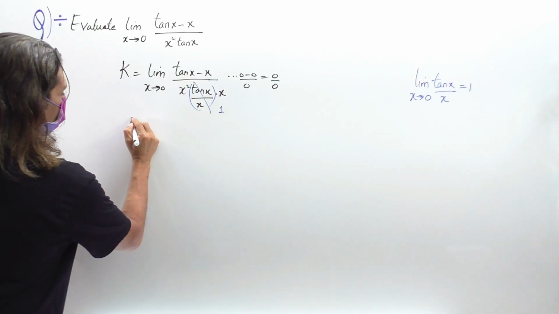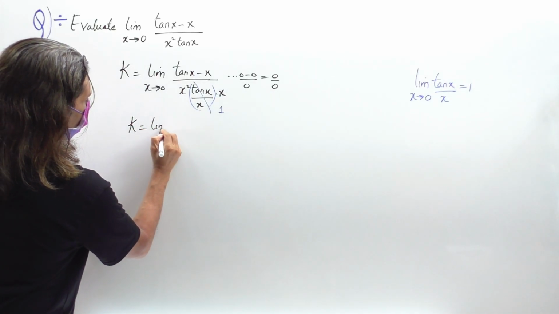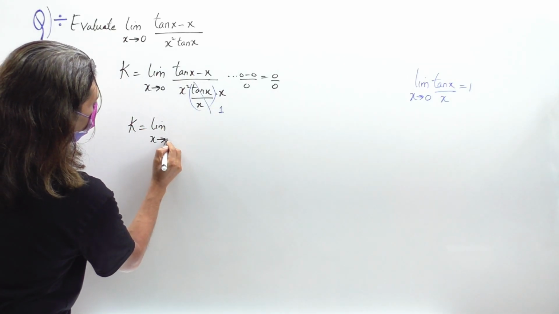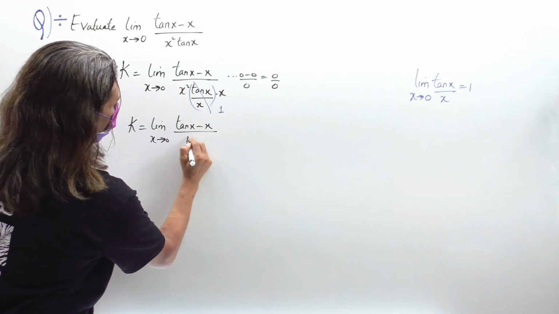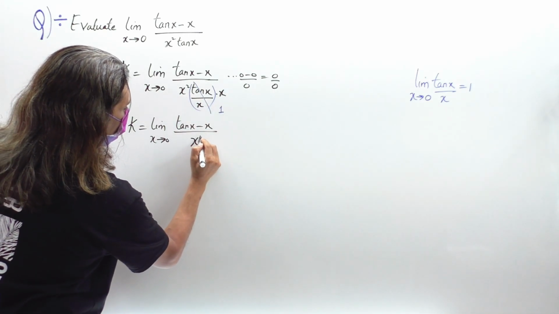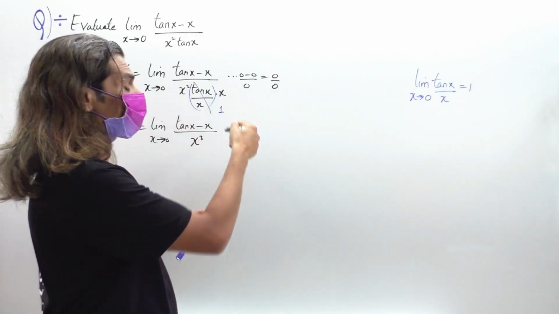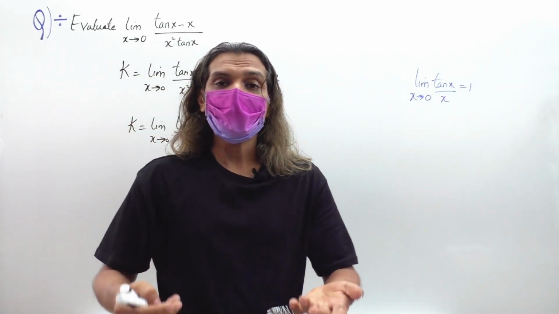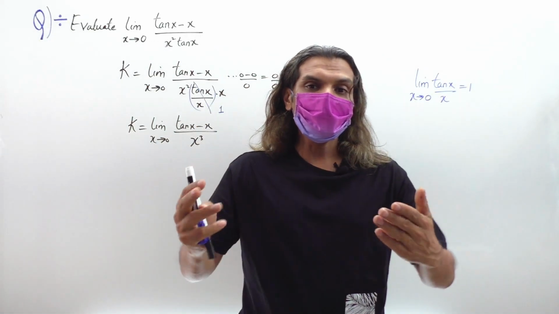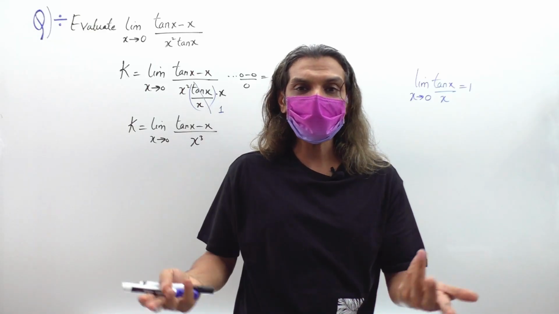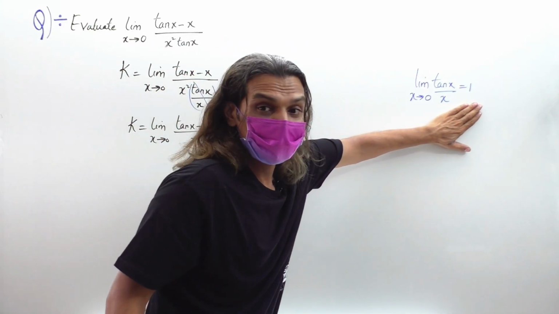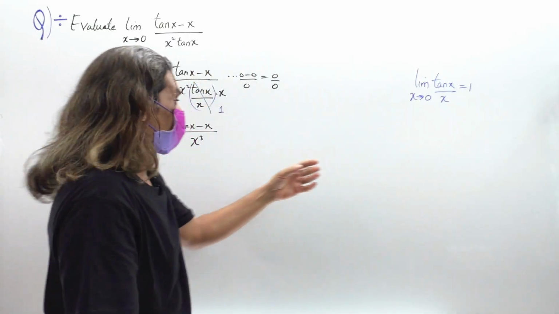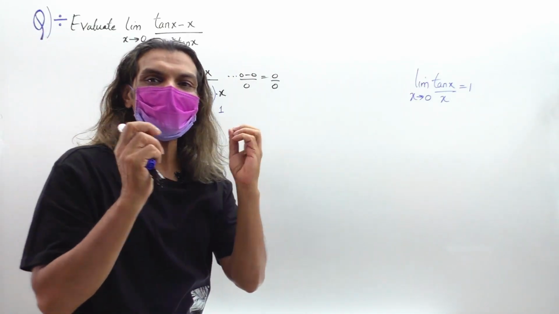So you can write k is equal to limit as x tending to 0 of tan x minus x, whole divided by x square into x, which is x cube. Which is simpler, x square into tan x or x cube? The differential of x cube is 3x square, then 6x, and so on. So like this, using this standard limit, we make the complex problem very easy.